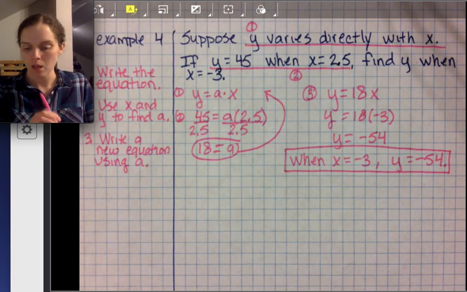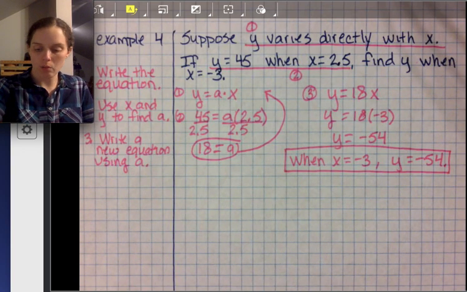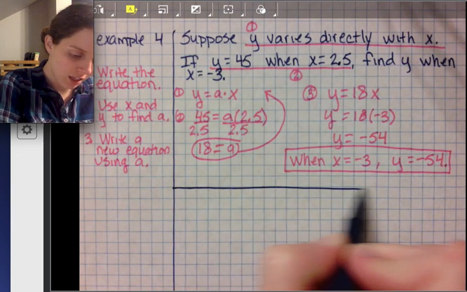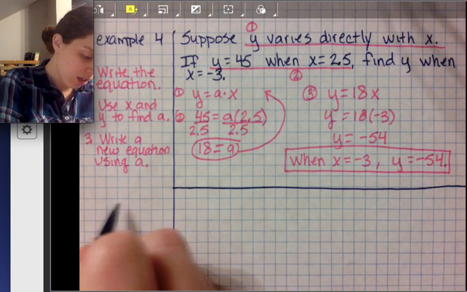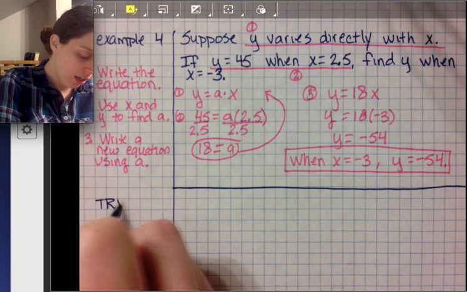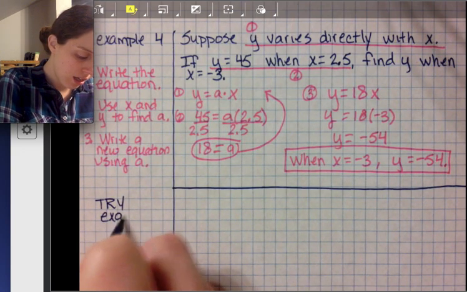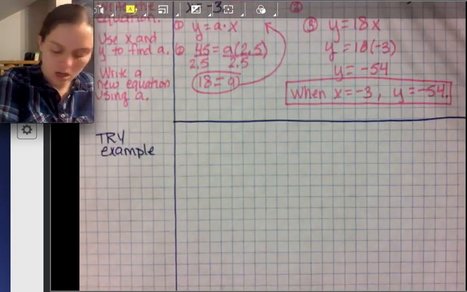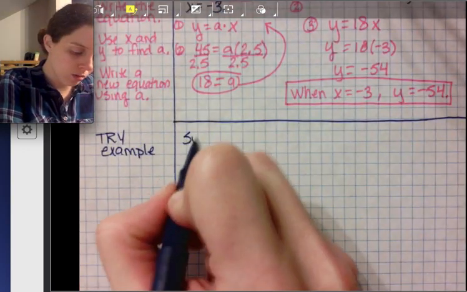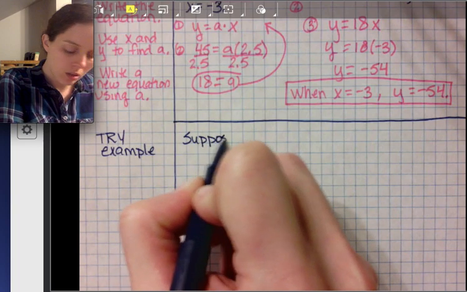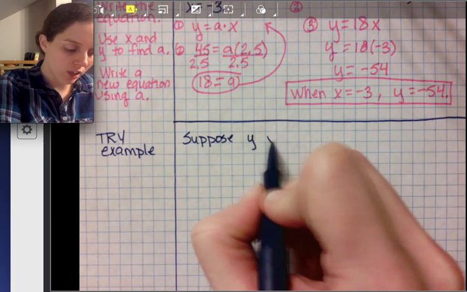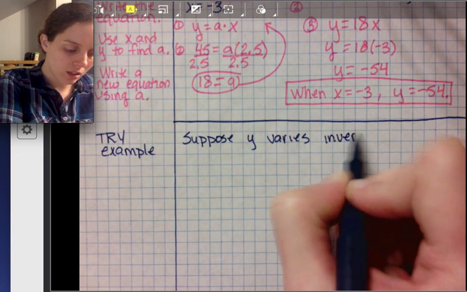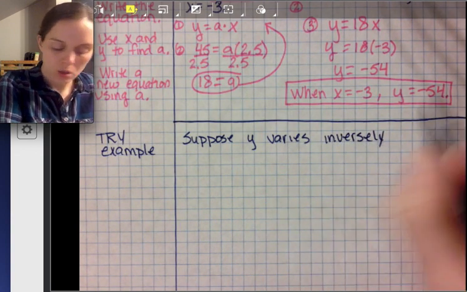Okay? So let's do another one, and I actually want you guys to try this one. I want you to try example 5 here. So again, suppose y varies inversely with x.